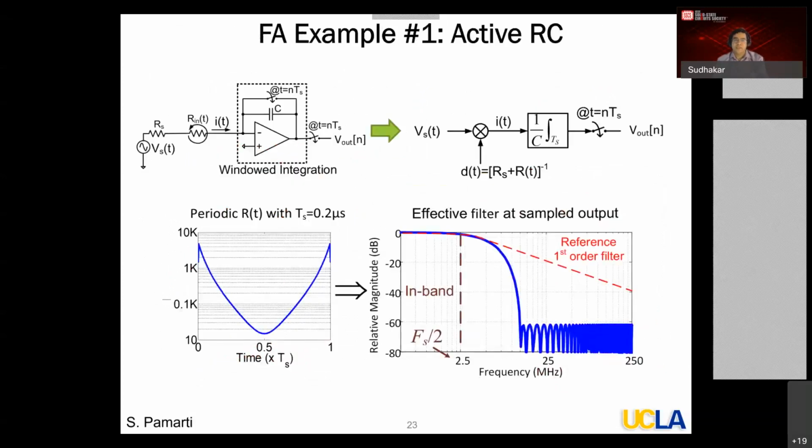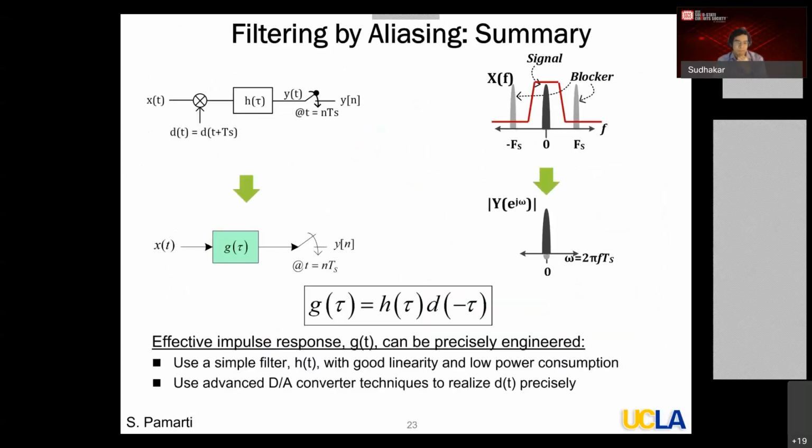If I'm interested in a certain bandwidth, then I pick my FS to be twice that, and that sets my TS and the period of D. So if you want a wider bandwidth, then I use a higher FS. I see. Okay. So in that sense, G of tau is indirectly linked to this.